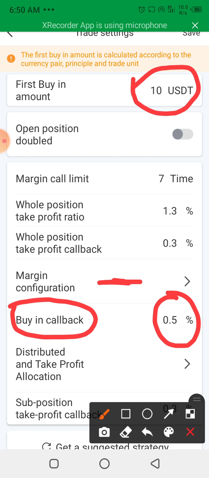Okay, so that's why you set the ones you set in margin configuration at the initial first buy. When the coin drops 0.5%, move over to here and start buying. Okay, yeah, that's the concept. That's basically what it means.